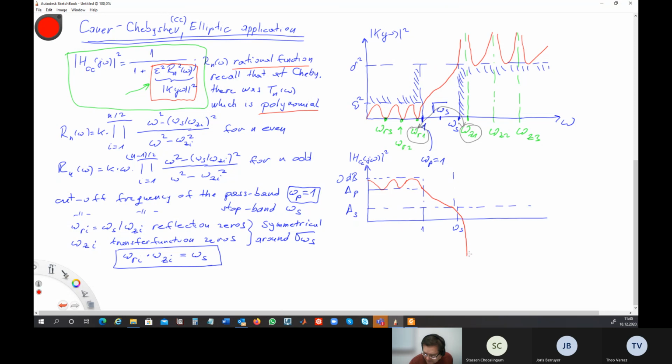And we have on the place of these zeros like this. Okay, this is 20 log, and this is in decibels.